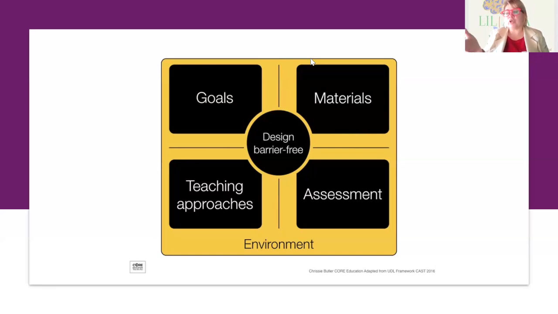Maybe someone with visual impairment can use immersive reading to listen to the text, or you can provide the same with audiobooks. Thinking about the assessments, they also have to be flexible and design-free too.